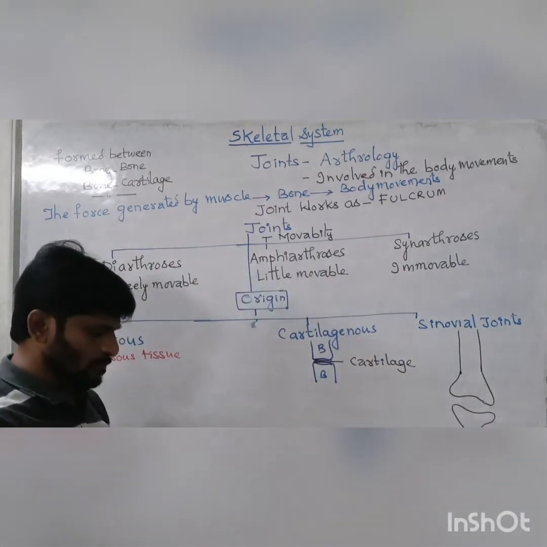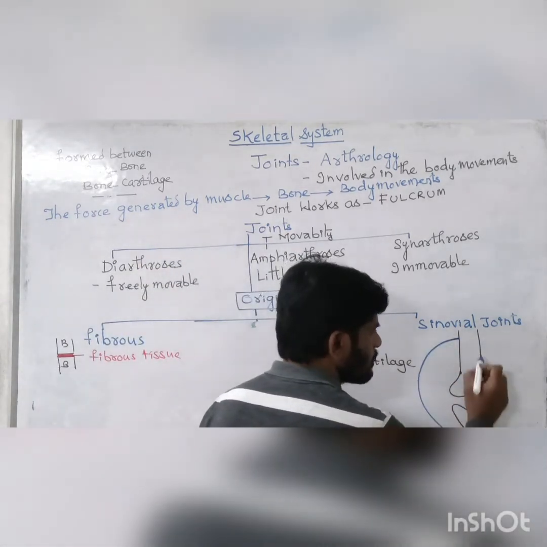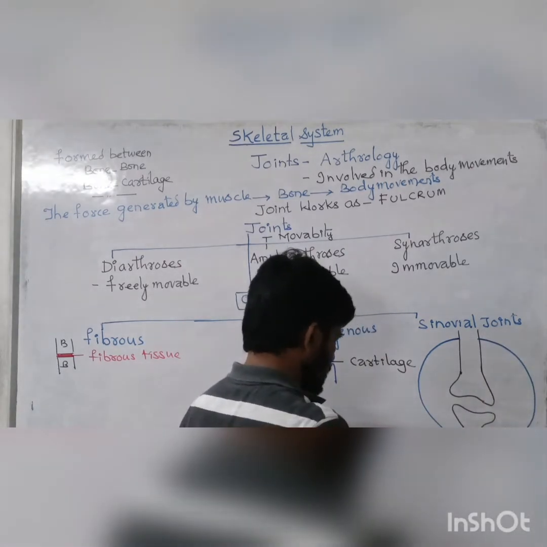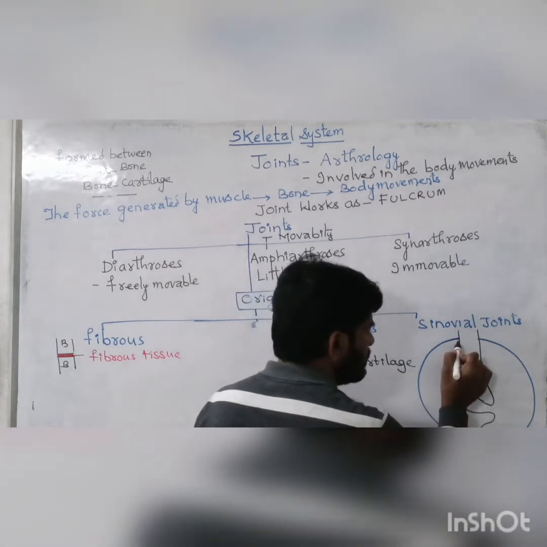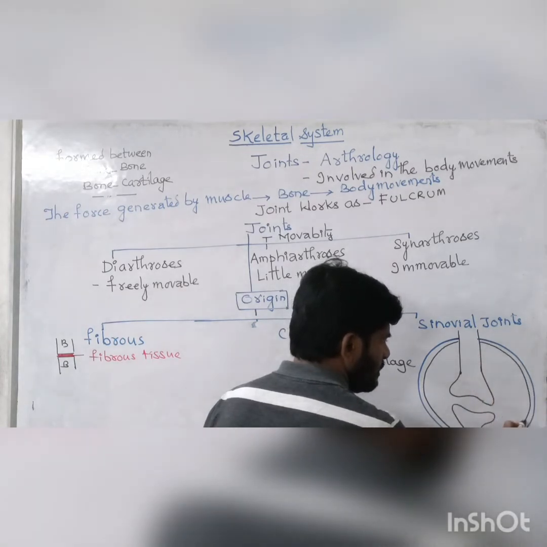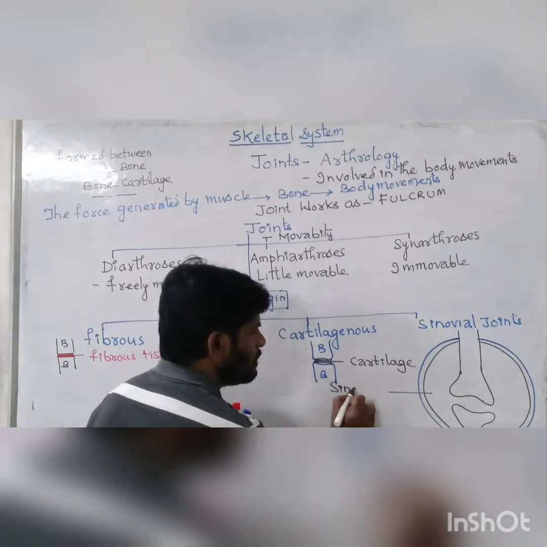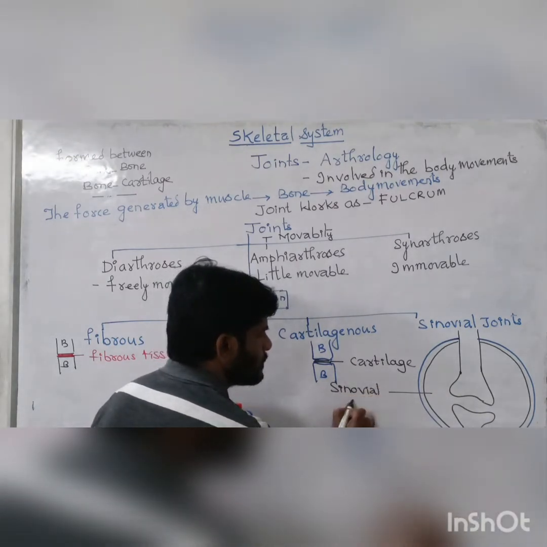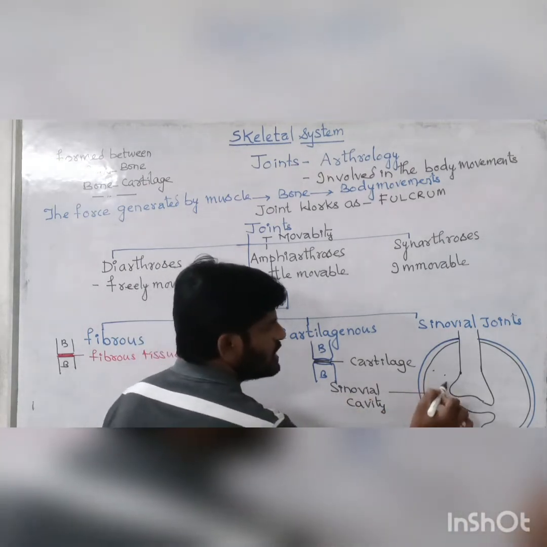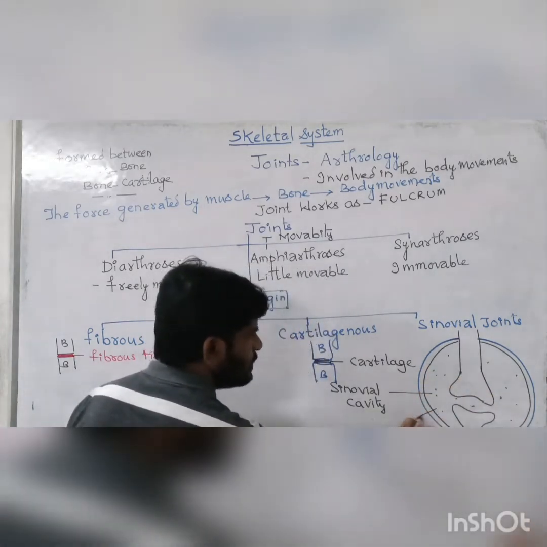Between these two bones, there is a synovial capsule, and this is the outer synovial membrane and there is an inner synovial membrane. And this cavity is the synovial cavity, filled by fluid, and the fluid is the synovial fluid.